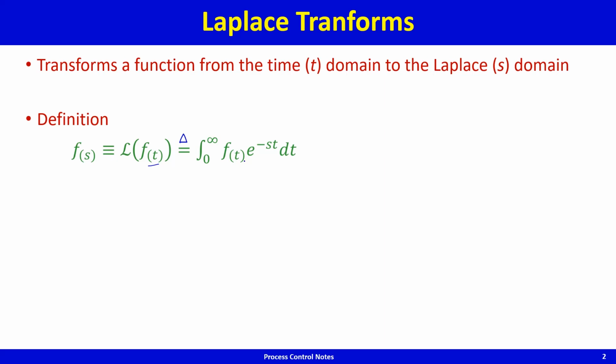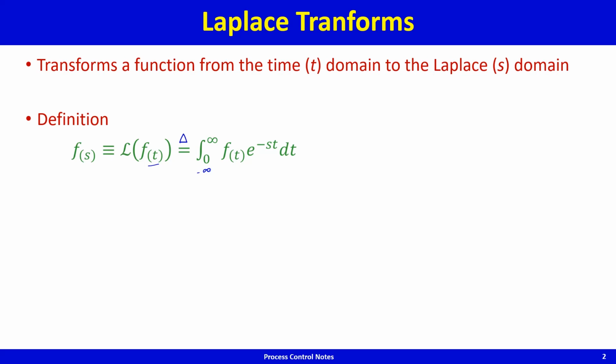And by the way, strictly speaking the limits are minus infinity to infinity, but in control systems we usually have causal systems, and also the system is at rest at the initial condition, so everything is 0 for t less than 0. For time before 0, everything is 0 anyway.